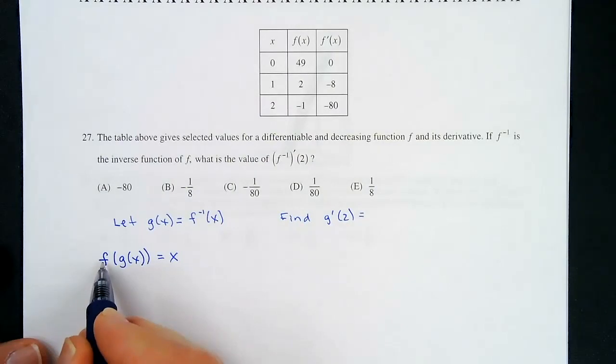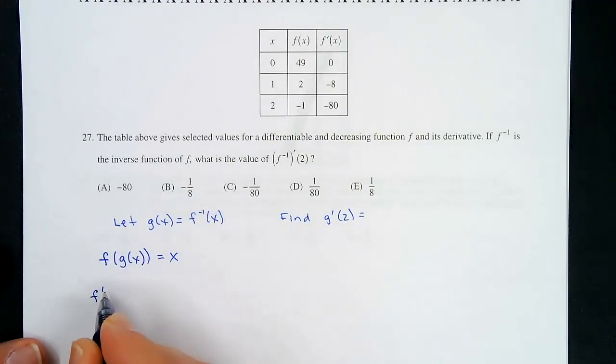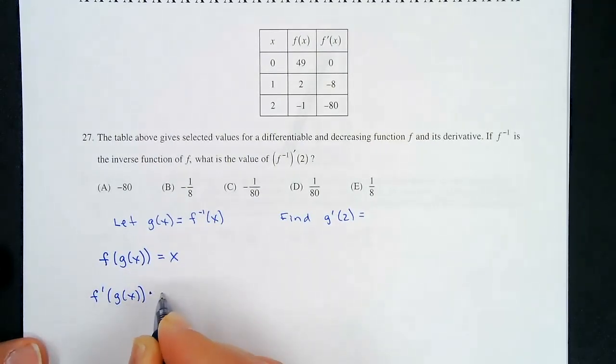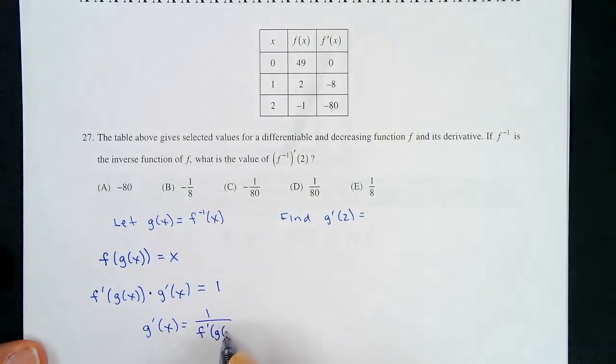So what this means is, if we take the derivative of this, that'd be the chain rule. So that'd be f prime of g of x times g prime of x. There's our derivative of our inverse function. And then the derivative of x is just 1. So that means g prime of x must equal 1 over f prime of g of x.